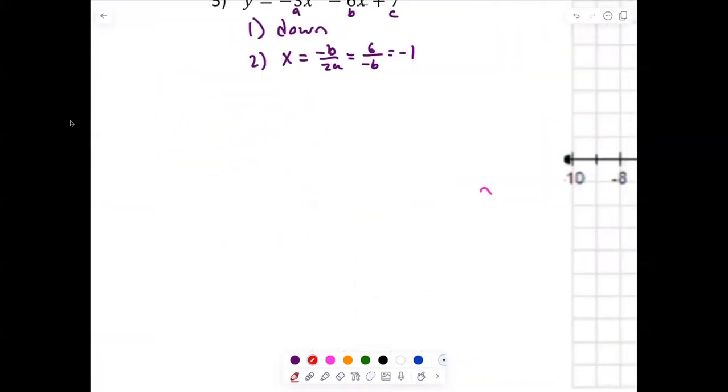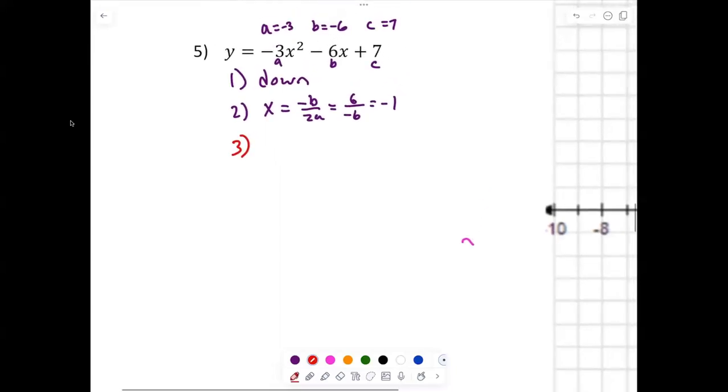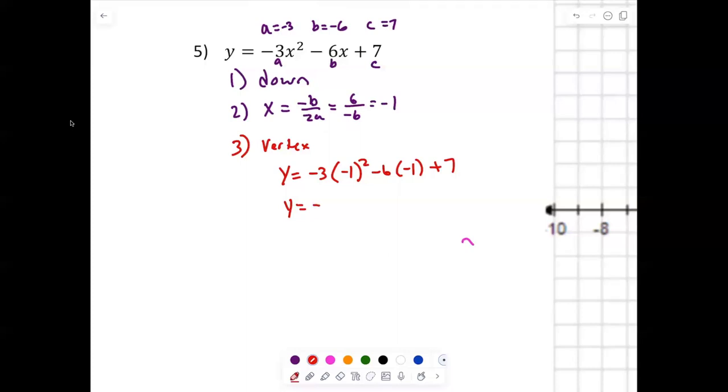Now, what do I do to find the y value? The vertex. Y equals -3 times (-1) squared minus 6 times -1 plus 7. All I did was plug the answer in, x equals -1, into the equation. What's -1 squared? 1.